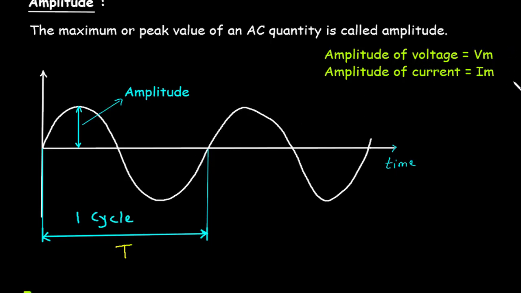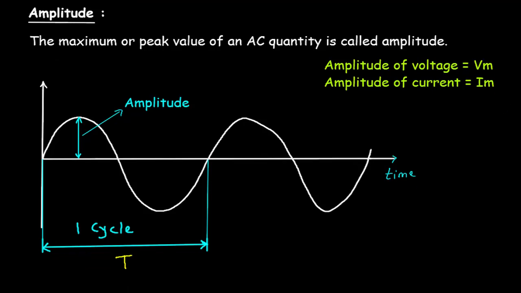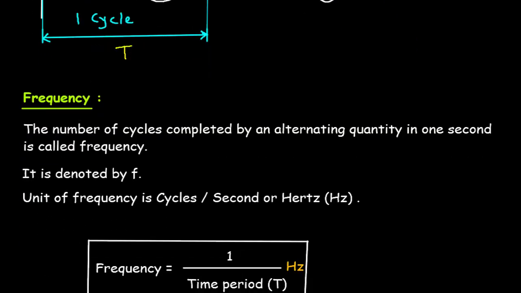Amplitude of voltage is represented by Vm. We can also call it maximum value of voltage, or amplitude of current is represented by Im. We can also call it maximum value of current or peak value of current.